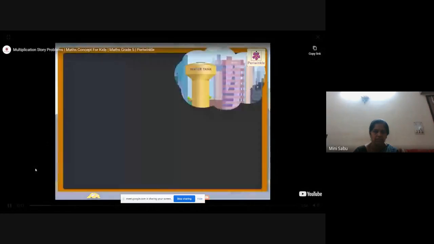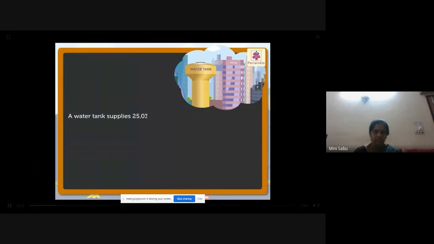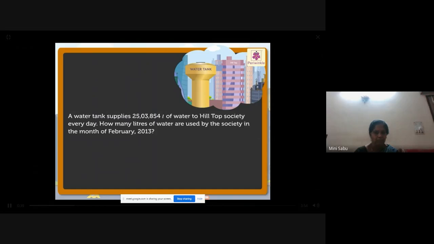A water tank supplies 25,03,854 liters of water to Hilltop Society every day. How many liters of water are used by the society in the month of February 2013?